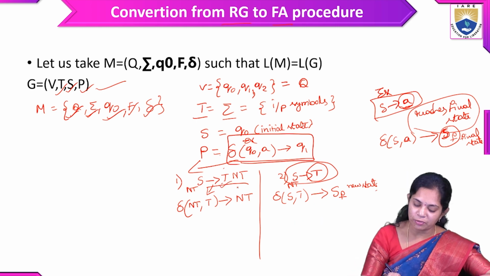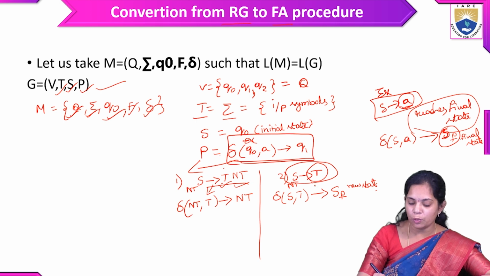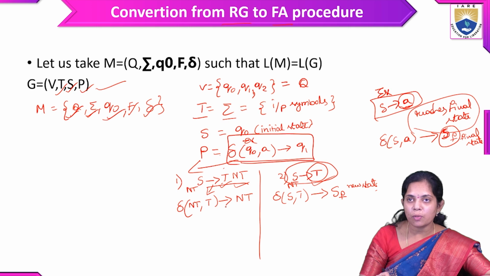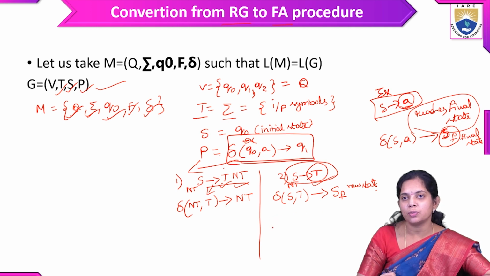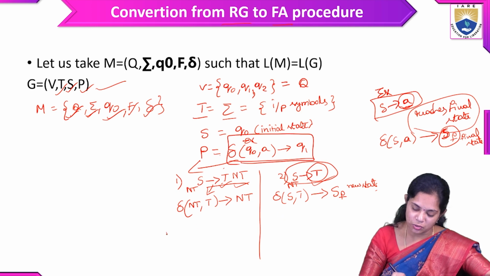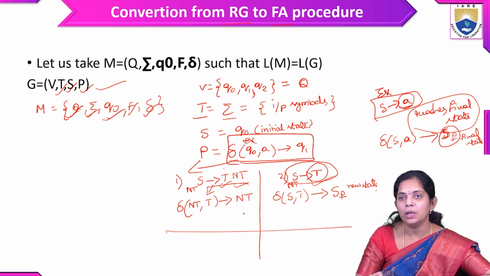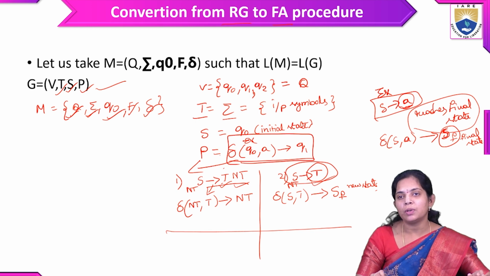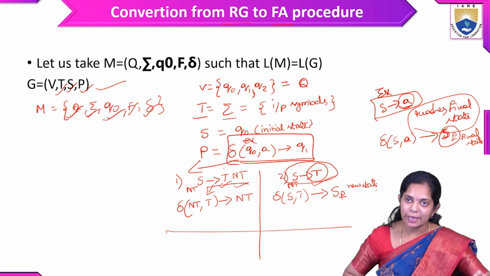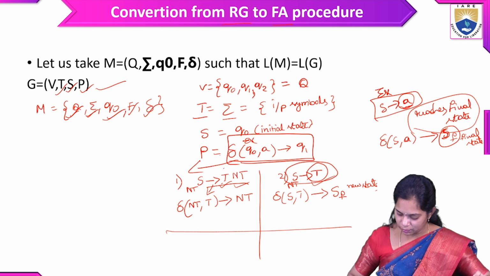One is the terminal followed by the non-terminal, and the other is only a terminal on the right hand side. So these are the two steps we have to follow to convert the regular grammar into a finite automata. Now we will explain this conversion in more detail with an example.